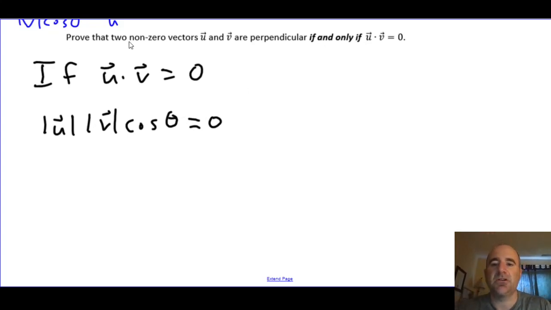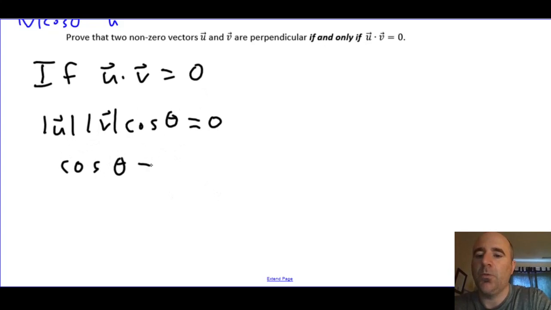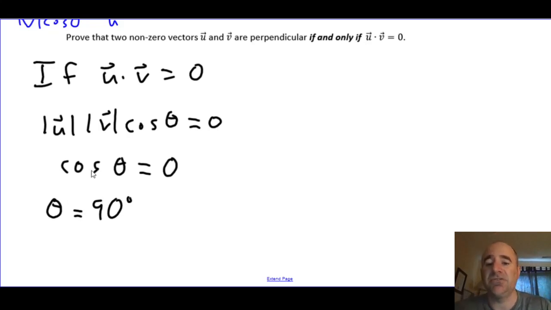Well, notice that these are two non-zero vectors, meaning neither u nor v is equal to 0. So it must be that the cosine of theta is equal to 0. Well, when does that happen between two vectors? Must be that theta is 90 degrees. It could be 270, but of course the angle between two vectors is never 270. It would just be the 90-degree angle, and therefore u and v are perpendicular.